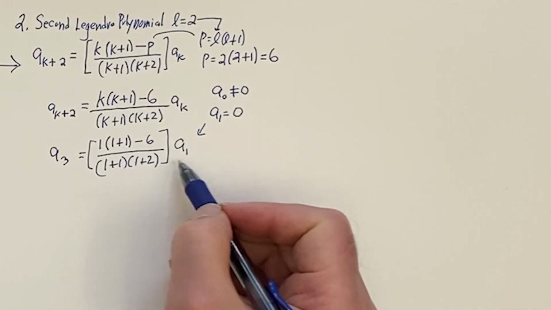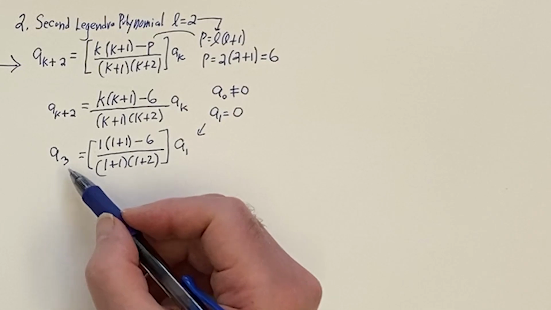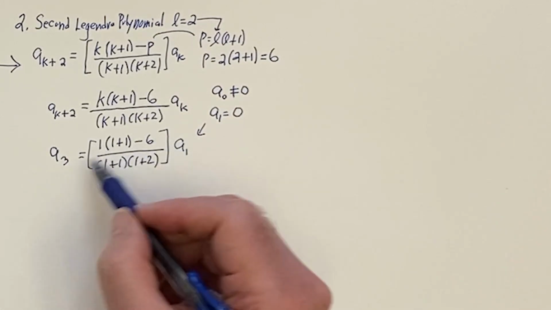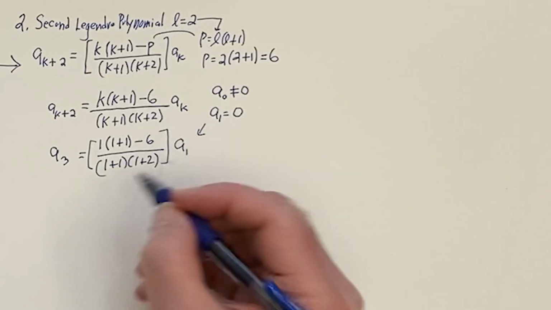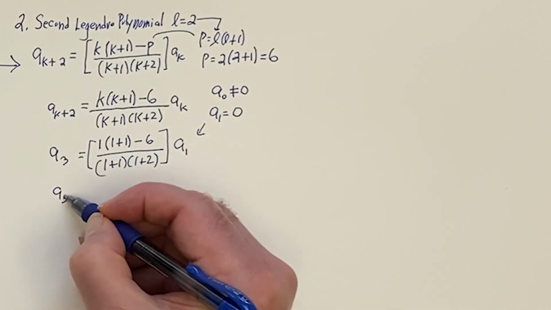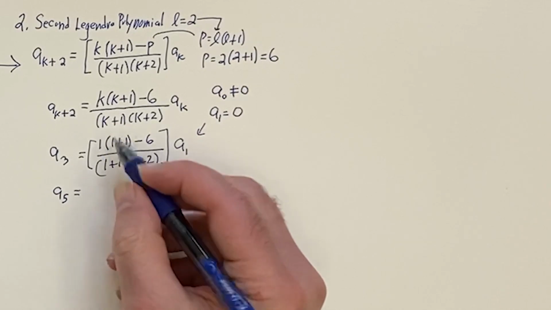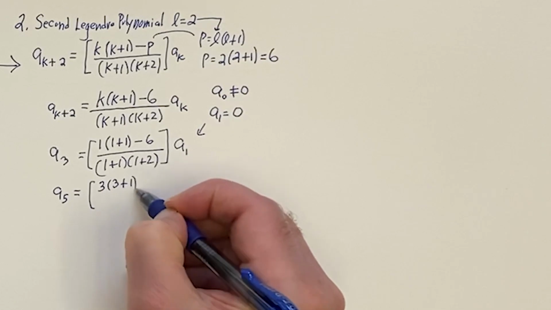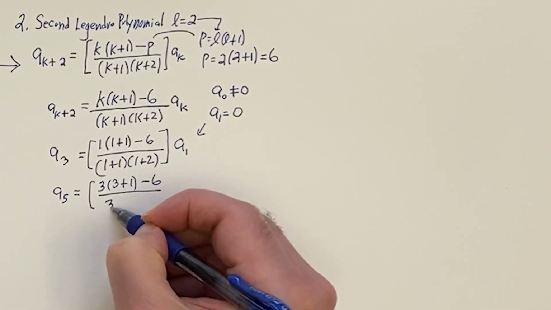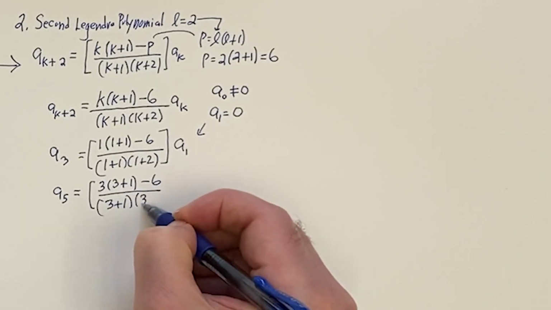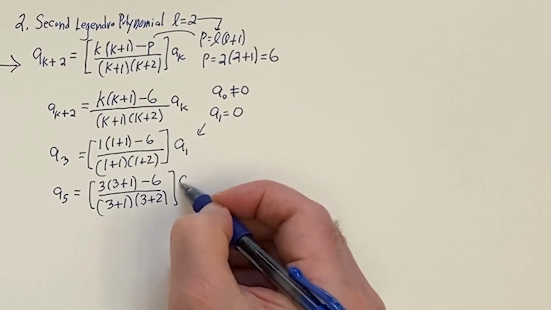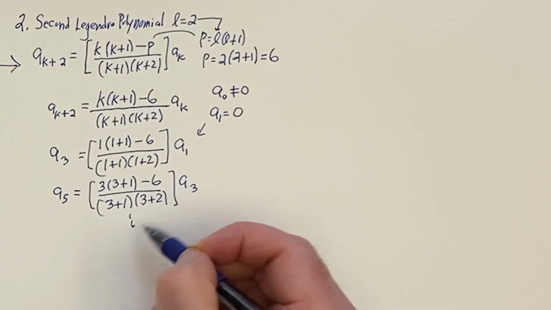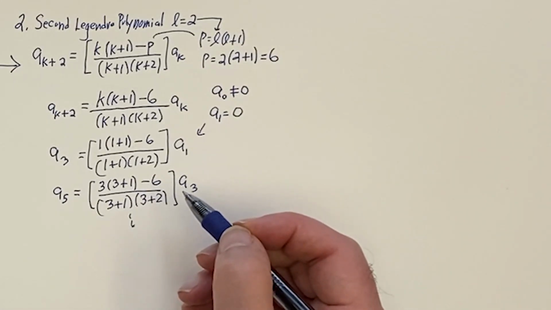This would not be 0. This would go on, and you could then have, say, a5. If we had a5, we'd be putting in 3 for the k. 3 plus 1 minus 6 over 3 plus 1, 3 plus 2, and this is a3. And this wouldn't cancel. And it's a runaway effect.